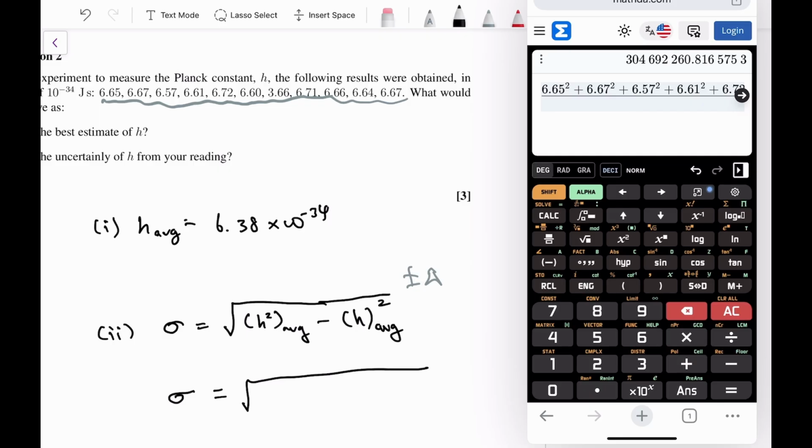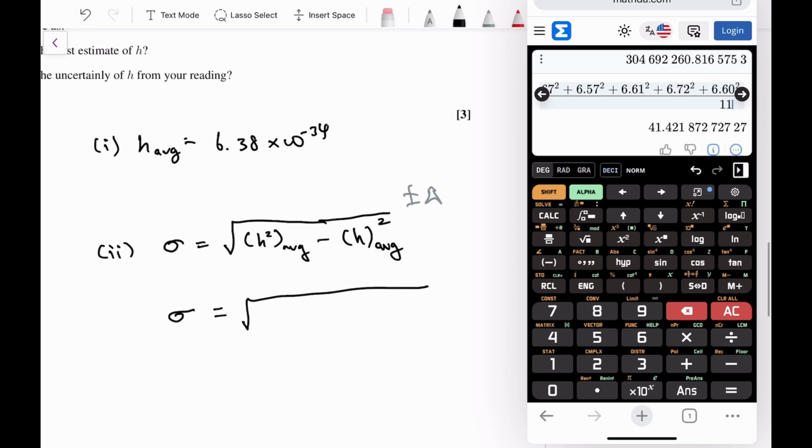And then you have to divide it by the 11 numbers.